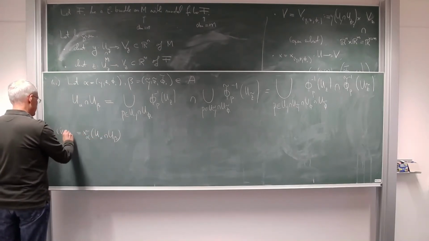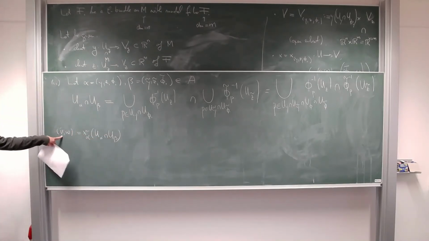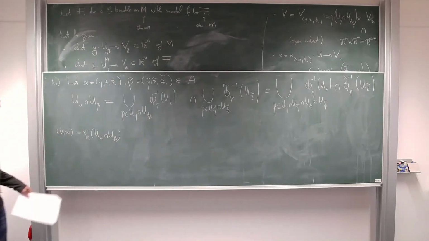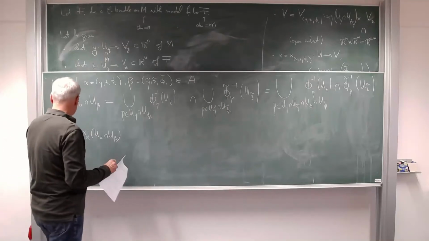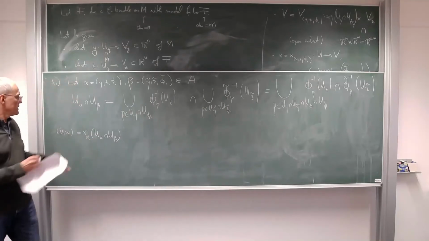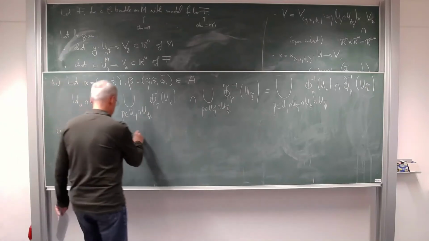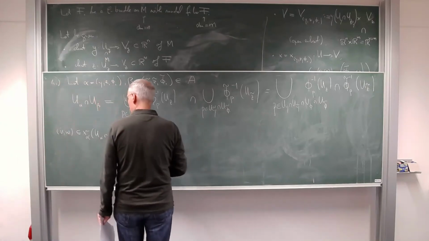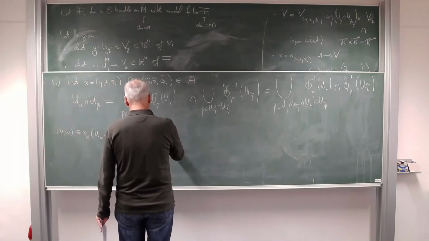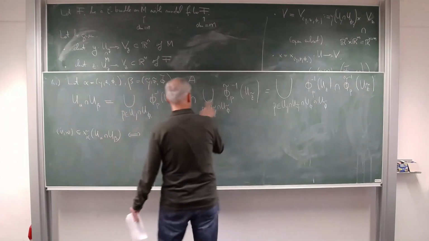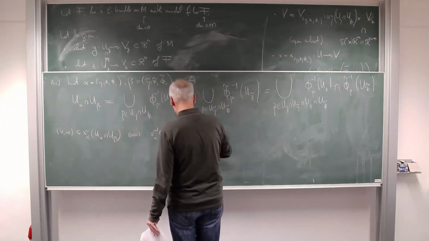So v comma w, so this v is the R^n part, the w is the R^m part, a subset in R^(n+m). So when is v comma w in this set? Well, of course this is if and only if x alpha to the minus 1 of v, w is in the set that I've written down here.